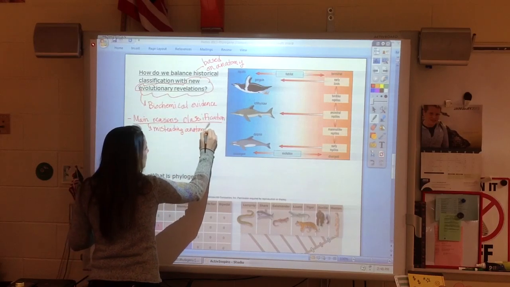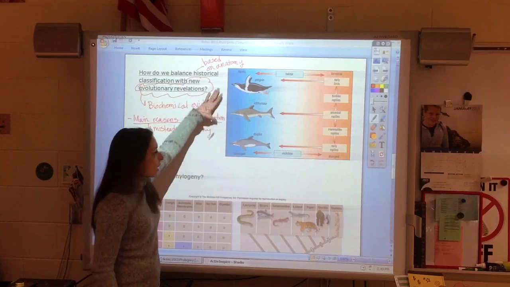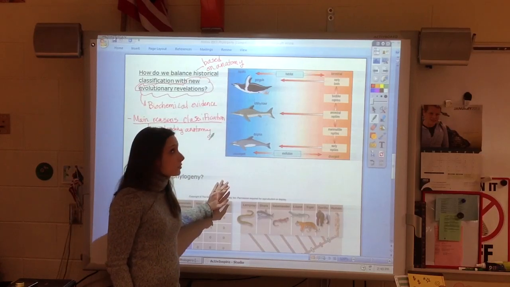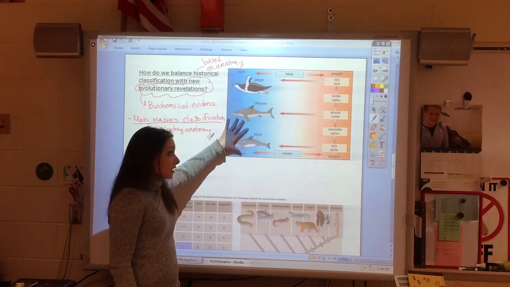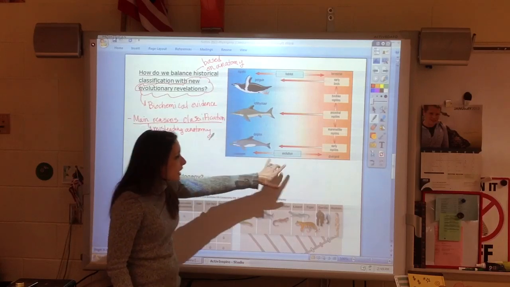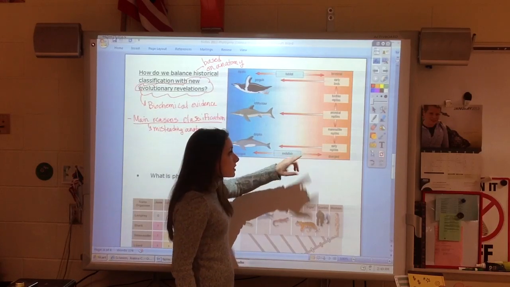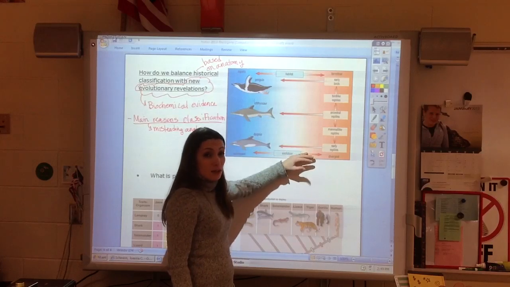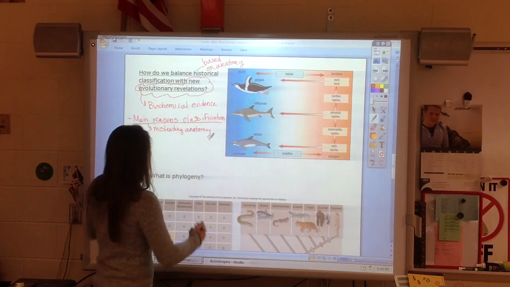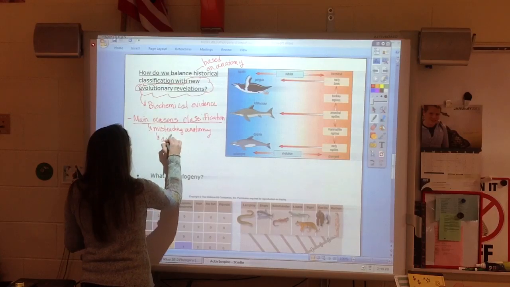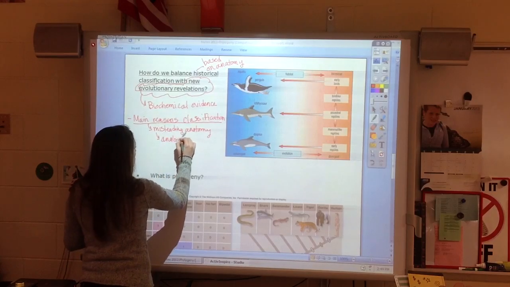So when we look at this diagram over here and we look at these 3 animals, sometimes we would think that they have a lot in common. But if we look at the actual evolution, we'll see that sometimes the evolution really doesn't match up with the anatomy. And that has to do with analogous structures.